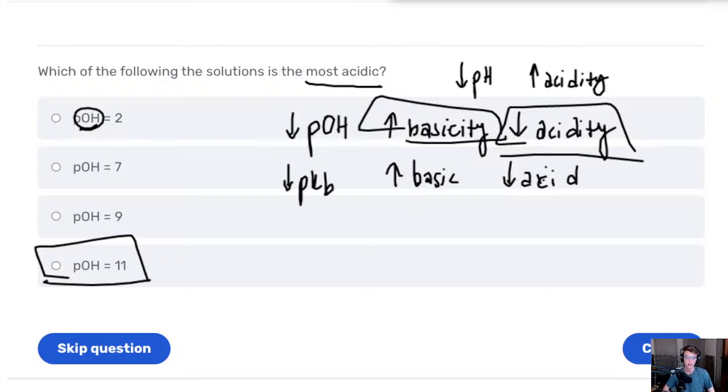We just need to make sure we're paying attention to what it is that thing measures. The pOH and the pKb measure bases. The pH and the pKa both measure acids. So long as we can keep those two things straight, you really don't need to learn everything about each individual piece. You just need to learn the overarching concept and then figure out how to apply it in each instance that you're presented.